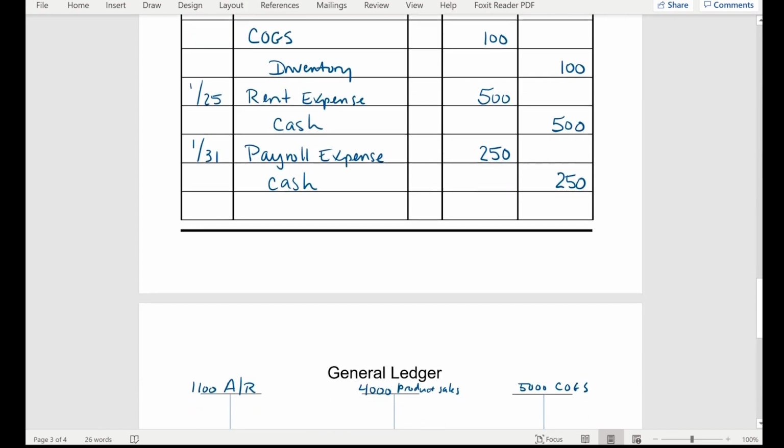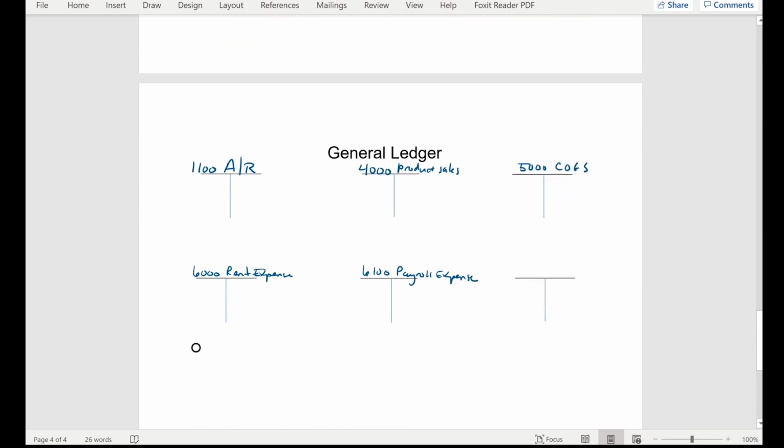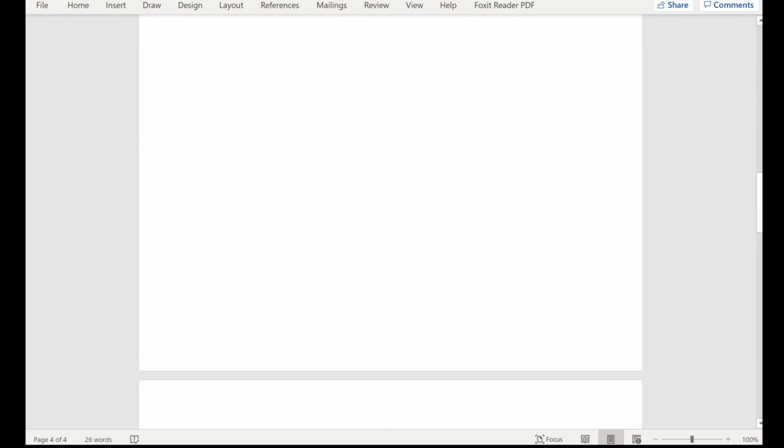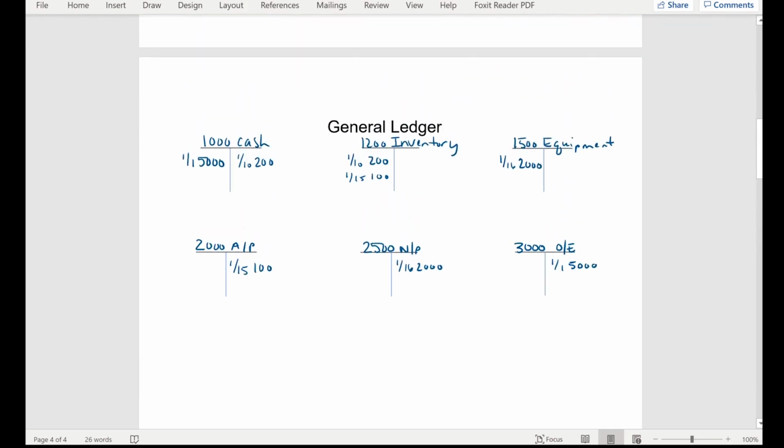So we're going to go down to the general ledger and we're going to put 120. We're going to credit product sales for $300. And then we're going to go up to what we had worked on before with the T accounts to cash. And we're going to debit cash on 120 for $300.